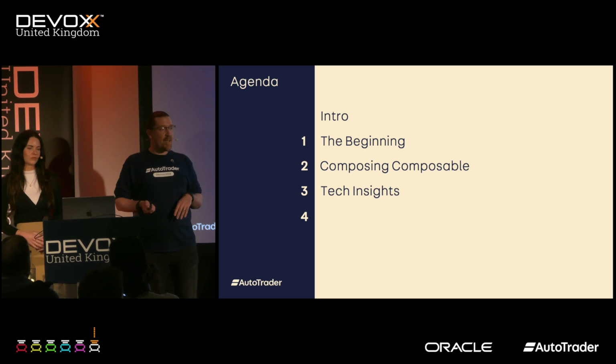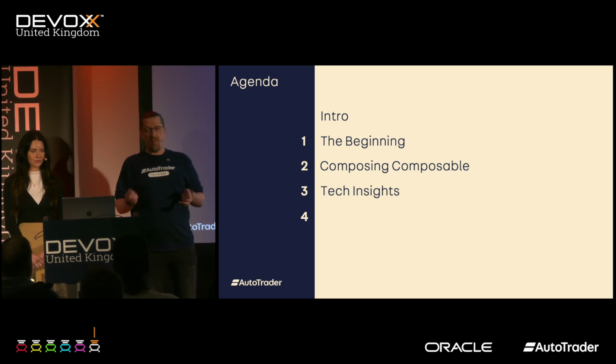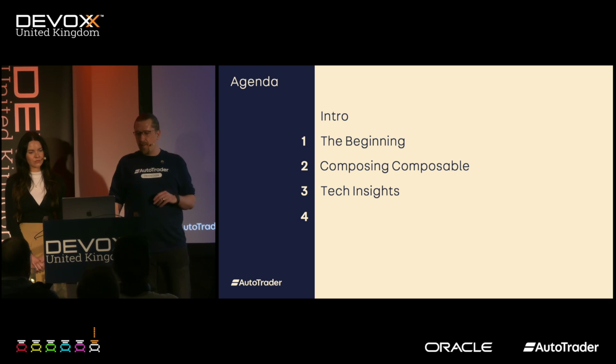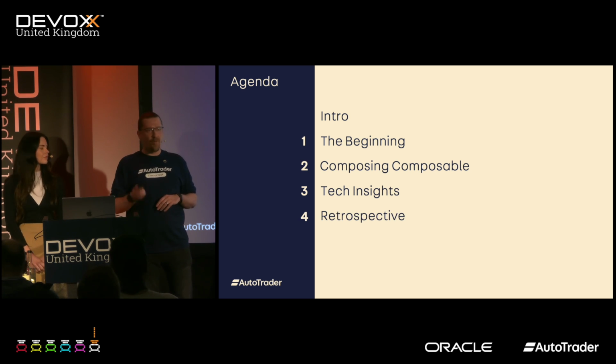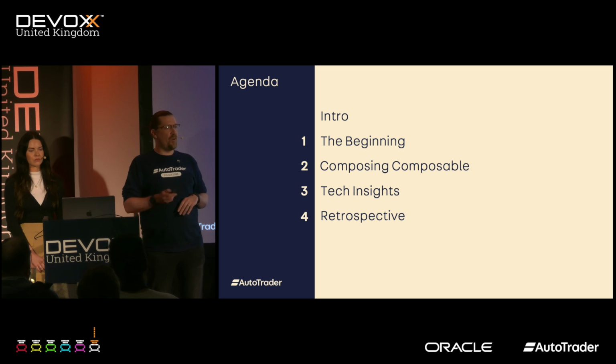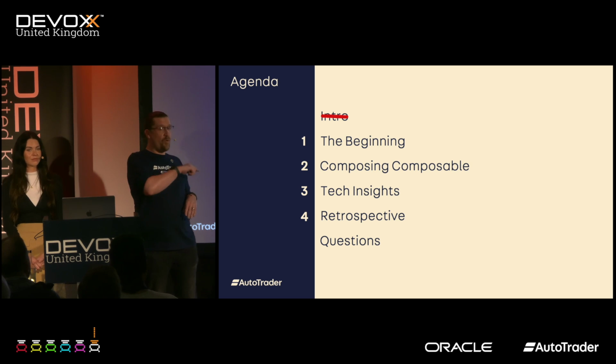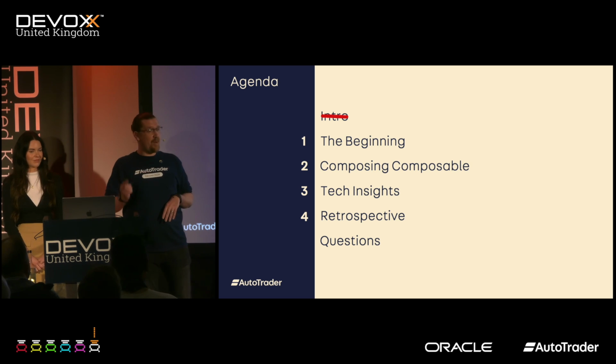Some tech insights, which will give some deep dives into different things like how we handle versioning, the domain-specific language we wrote in Kotlin to render the screens with, and a few other little bits. And then we'll have a retrospective over the past 4 years, followed by some questions if we've got time. You'll be glad to know the intro's now over, and I'll hand over to Harriet for the beginning.